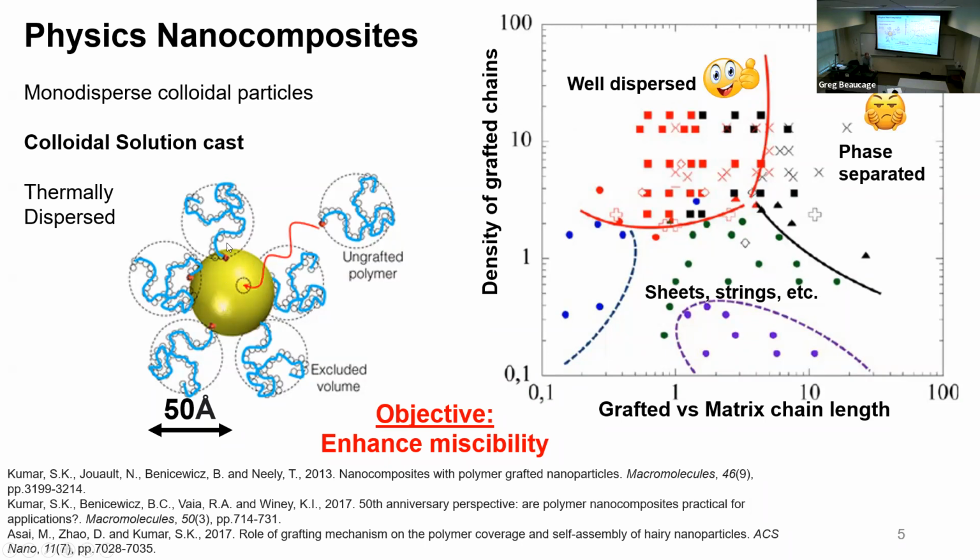You can react the hydroxyls with some kind of coupling agent, like a silane coupling agent, and you can attach the polymer to that, right? So you can put as many of those as you want. That'll be like the density of grafted chains. So this is unitless, but it's basically how many per whatever cubic angstrom or nanometer. And then this is the ratio of the chain length.